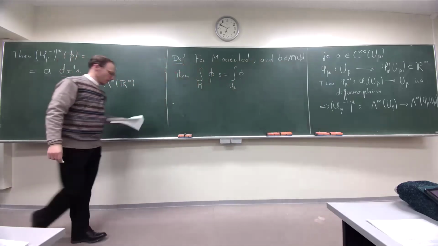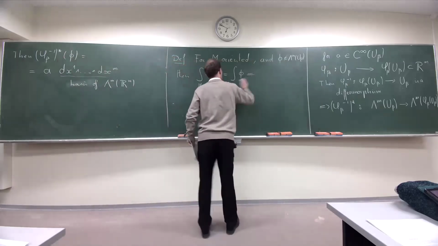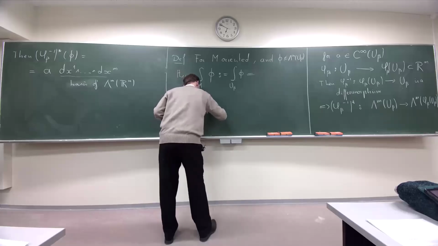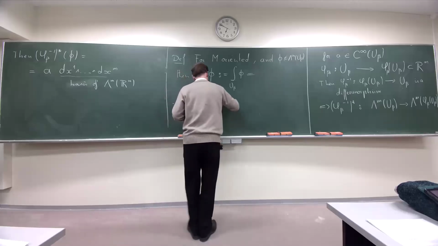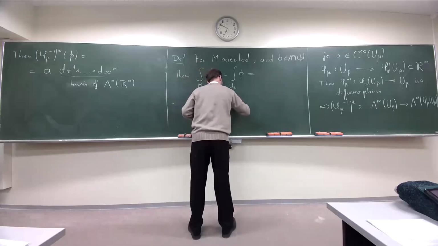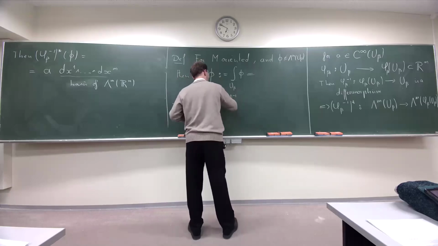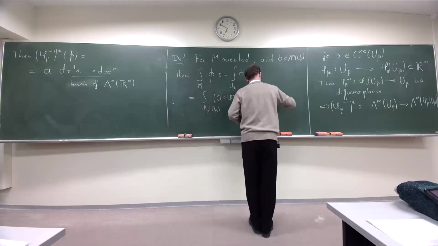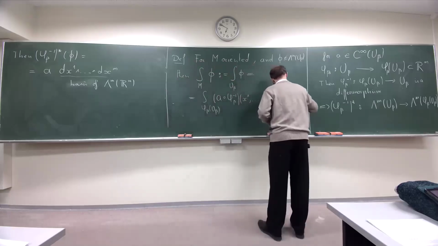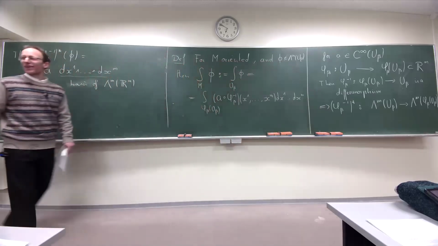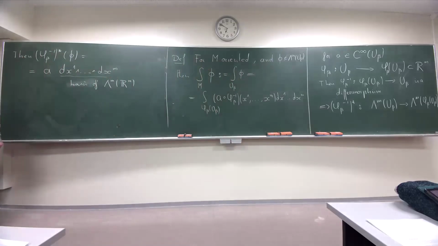It's 0. But let me give you the definition now. This is the integral on phi beta of U beta of the pullback. Maybe this is the simplest formula I've written so far, because this is just an integral on Rm.